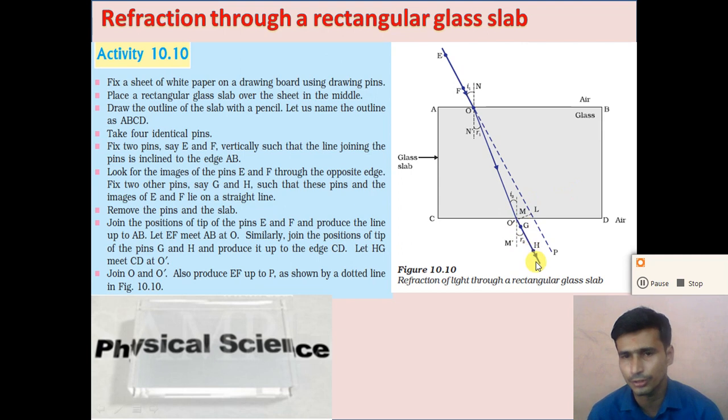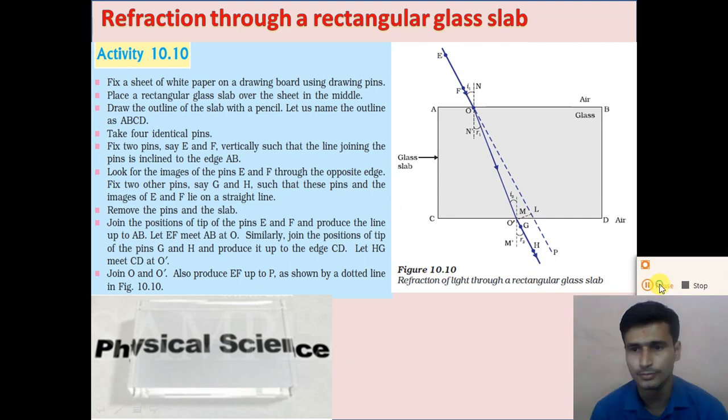Due to this, the ray of light is shifted somehow, and this shift is known as the lateral shift. Similarly, when we place a glass slab over some letters, the letters appear raised when we view them through the glass slab because of this reason.